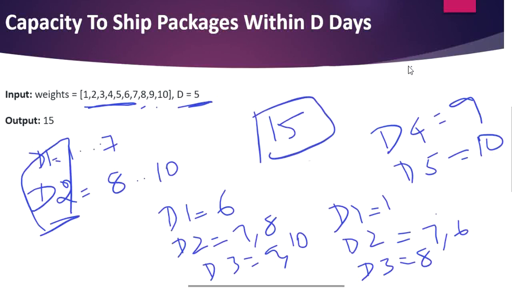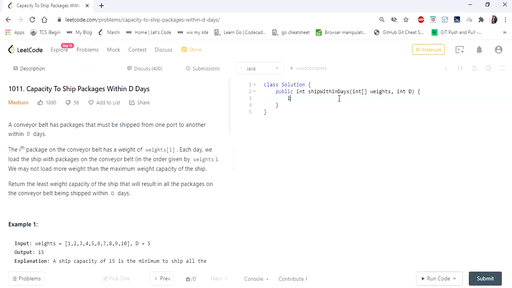Let's see how we're going to code it. So as I said, I'm going to have my left and right pointers. And I'm going to calculate the maximum value in the given weights and the sum of the given weights.